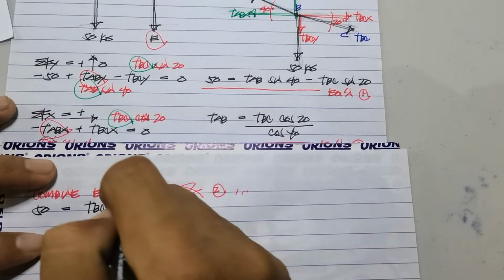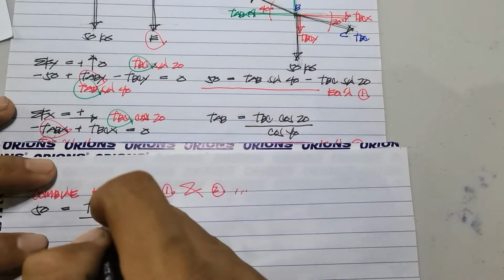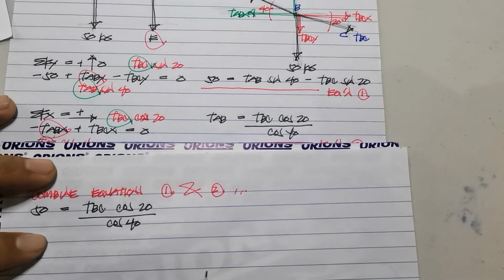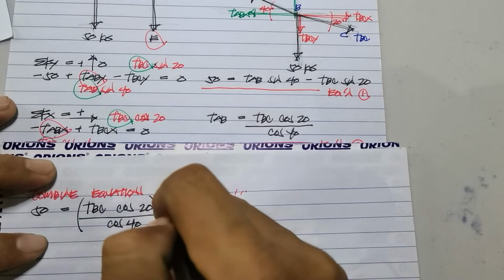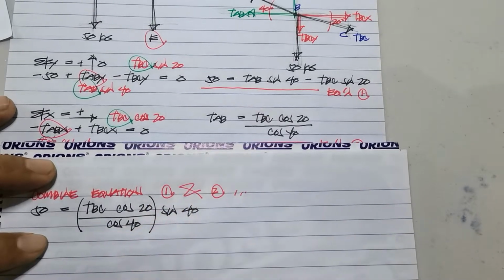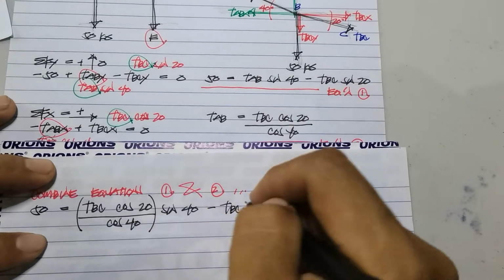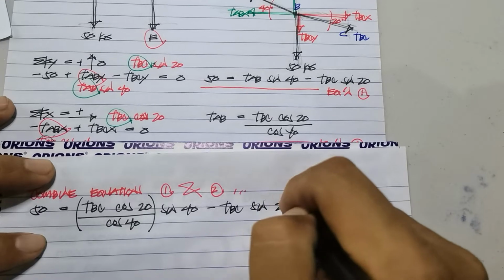TBC cosine ng 20 over cosine ng 40, sine ng 40 minus TBC sine ng 20.